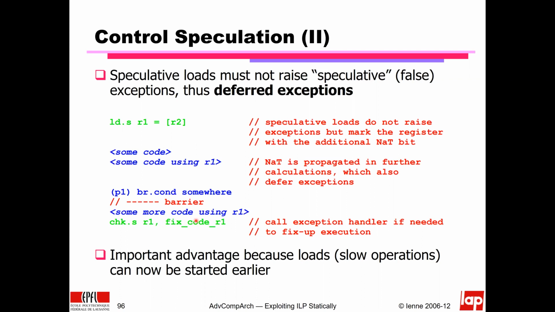And then again in the fixed code, after doing the load again non-speculatively, what I need to do is to repeat all the code that I had here that uses R1. It needs to be copied again here, so that I redo all this calculation based on the new and this time correct value of R1, until I return here to the next instruction, and now I am in a healthy situation.